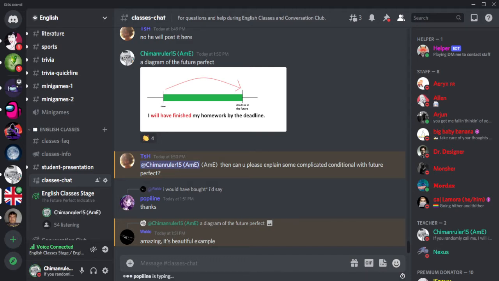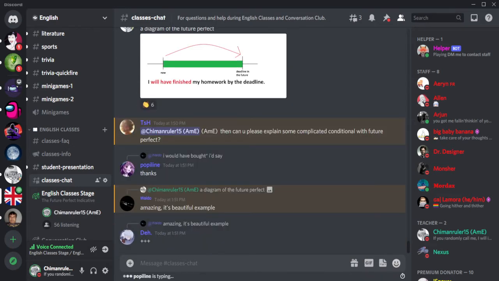Not that the future perfect can't be used if you have a clause with if. I mean, you can't say if I will have done that. No, you can't do that, but you can put it in the clause afterwards. Like, I guess one example would be, well, no, I'm trying to think of an example. I'm not sure if I can think of one because the future perfect isn't really used in conditionals.